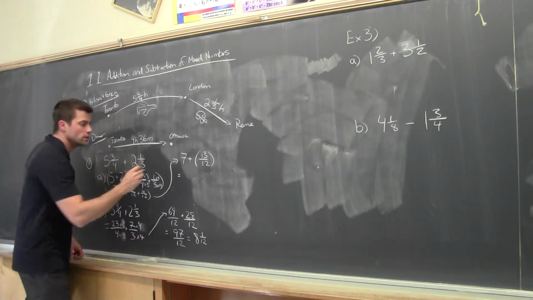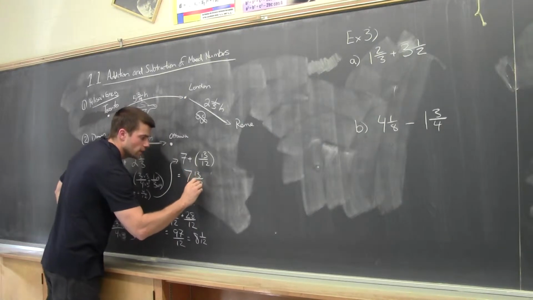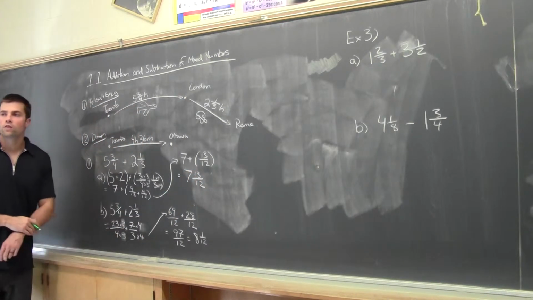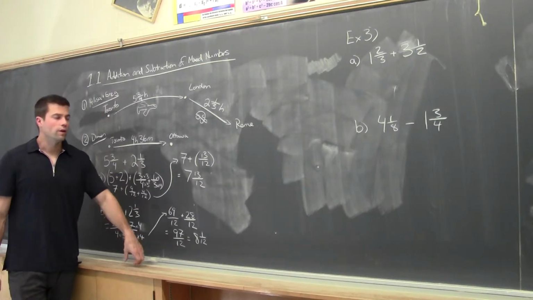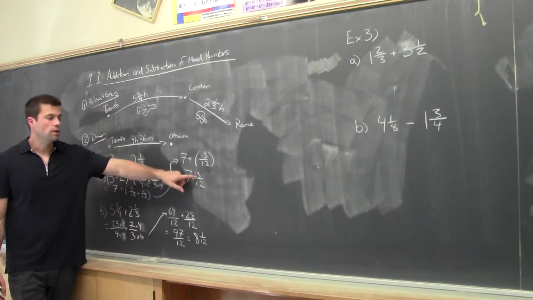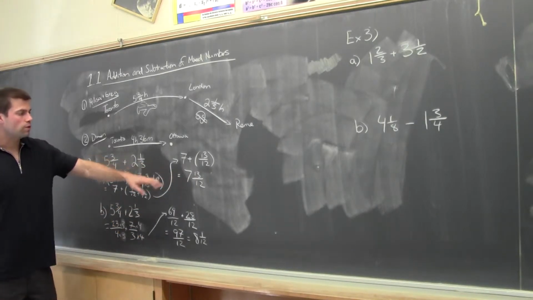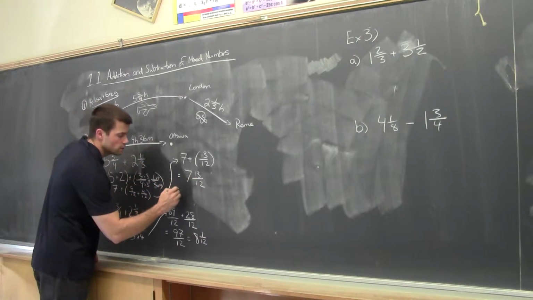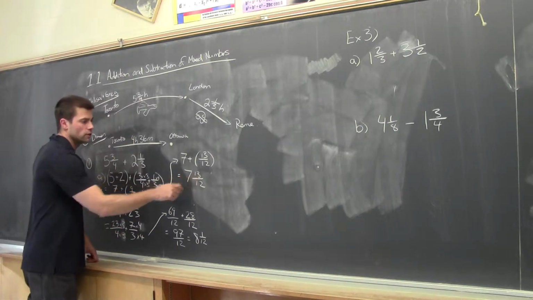Now we could write this by just combining the whole number and the fraction like that. Or, this is not correct, because we have two formats fighting here. One is an improper fraction and the other is a mixed number. So what we actually want to do is convert this improper fraction into a mixed number.